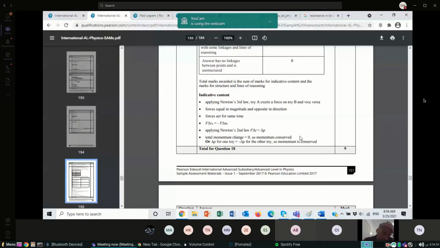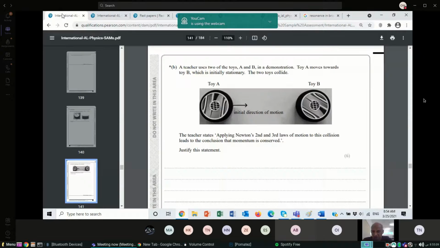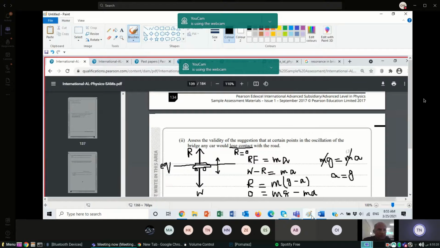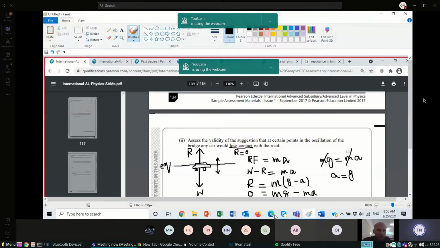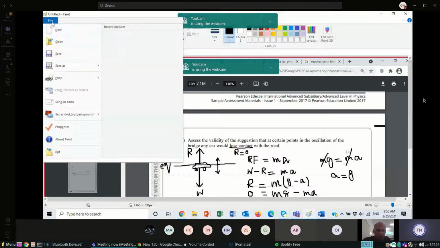So you see, they have given that applying Newton's second law and third law to this collision leads to the conclusion that momentum is conserved. So we have to apply these two laws only.